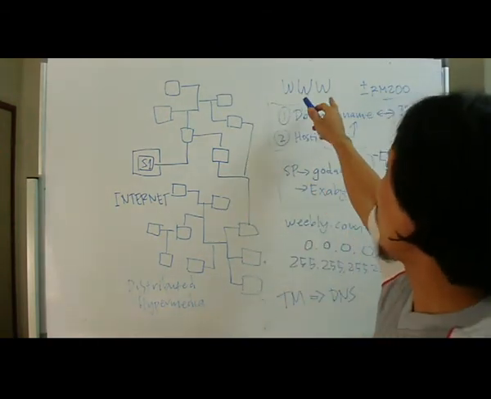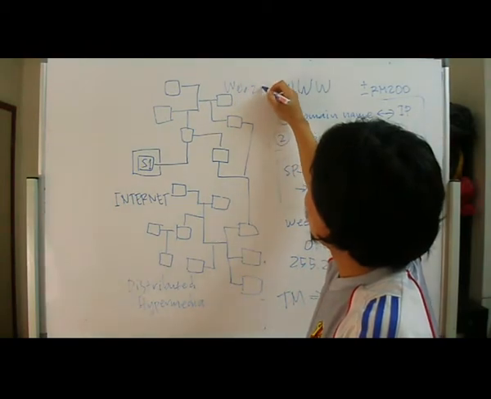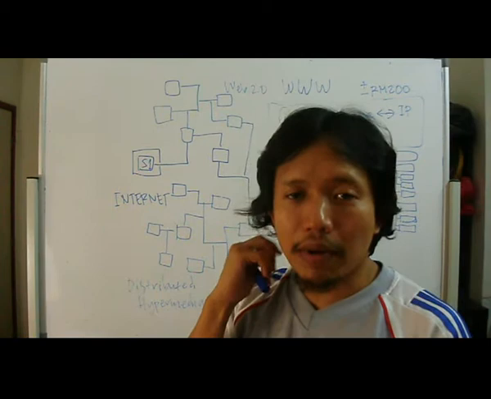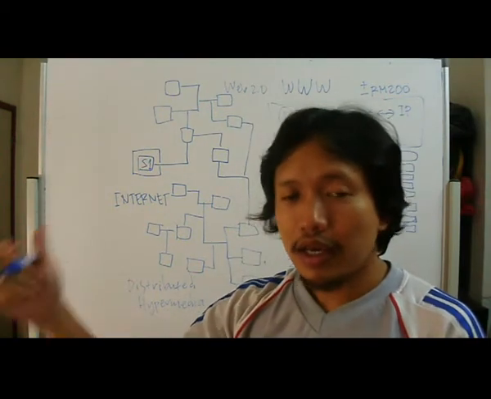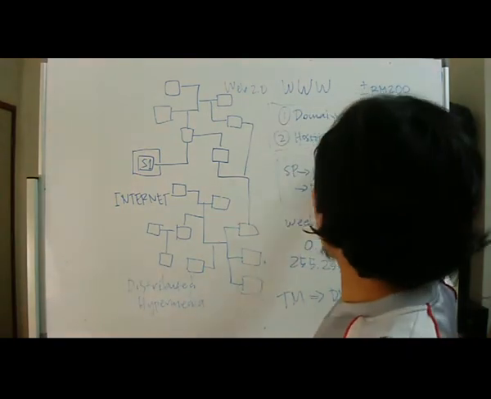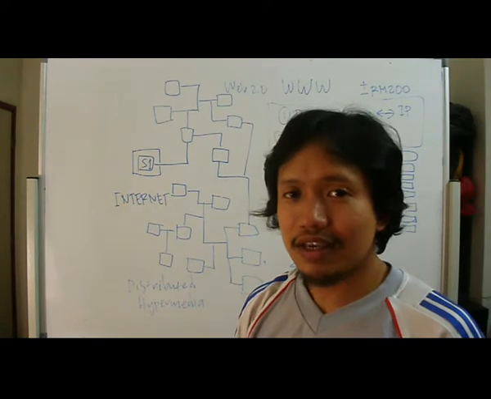And the current World Wide Web is what we call Web 2.0. That means all of us can collaborate and provide content. Previously, Web 1.0 is where only website owners could put content online. But now it's not the case, isn't it?